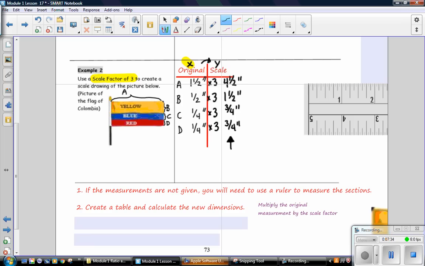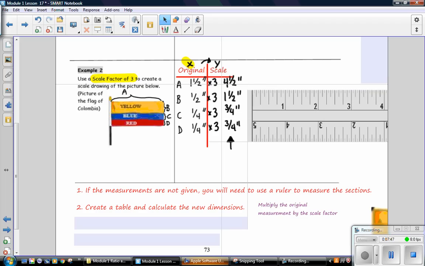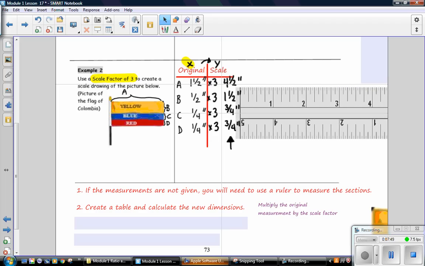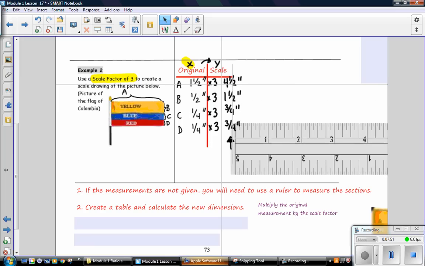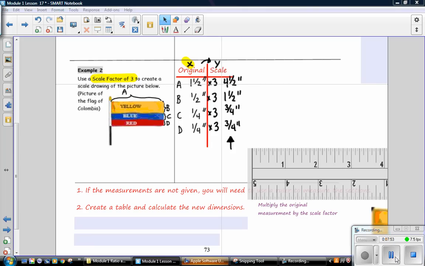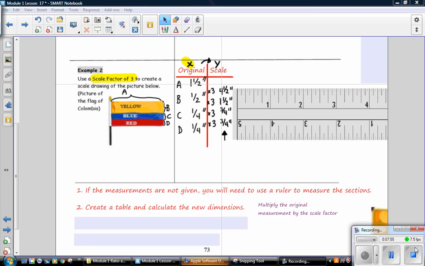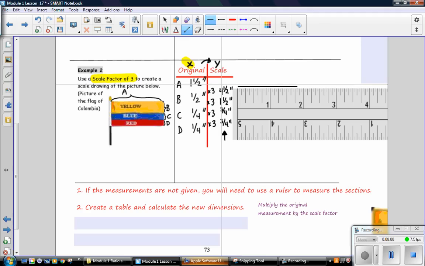So then you'll take your ruler and you'll actually draw each segment. We're going to start by drawing this segment for the yellow right over here, and that's going to be 4.5 inches long. So we'll take our ruler, and we may need to do this on a separate piece of paper. It looks like it will barely fit right here. So I'm going to take my line, and I need this to be 4.5 inches.